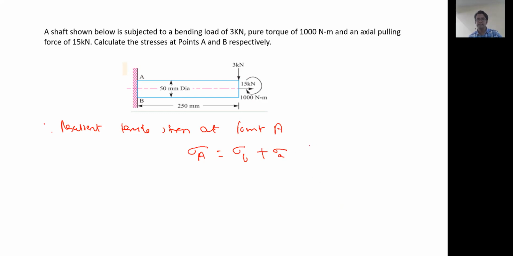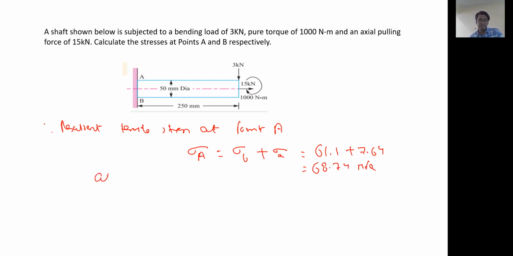So it is 61.1 plus 7.64, because here we have got a net tensile stress acting at A, so we have to add it up. Okay, so it is 68.74 MPa.